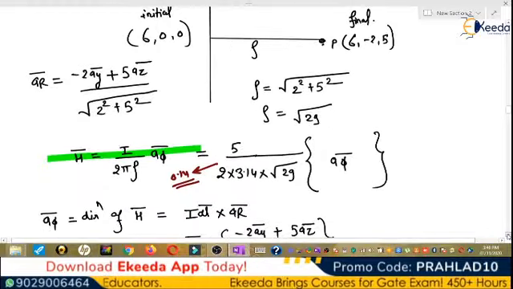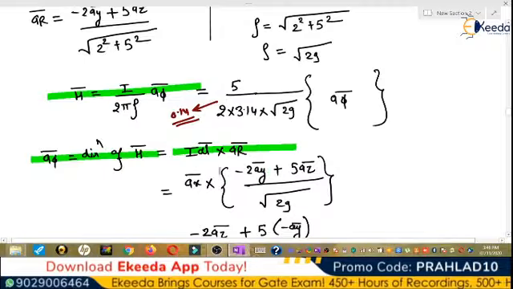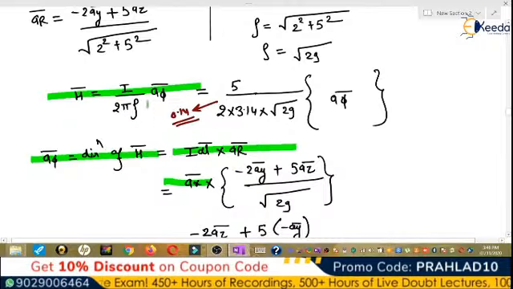So aφ vector is the direction of H vector. It is the current direction vector cross aρ vector. The current direction vector is aX vector, and aρ vector is minus of 2 aY plus 5 aZ upon the square root of 2 squared plus 5 squared.